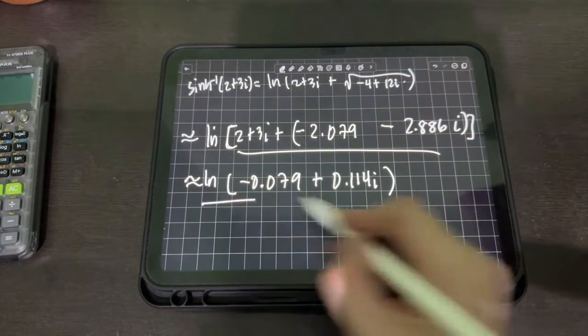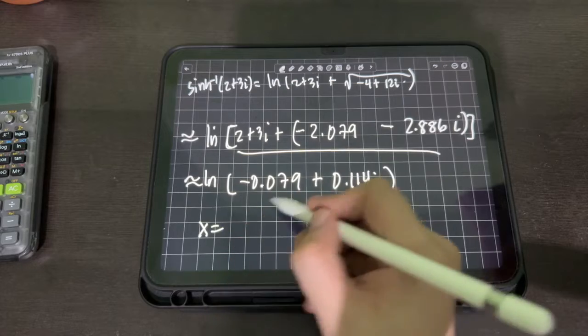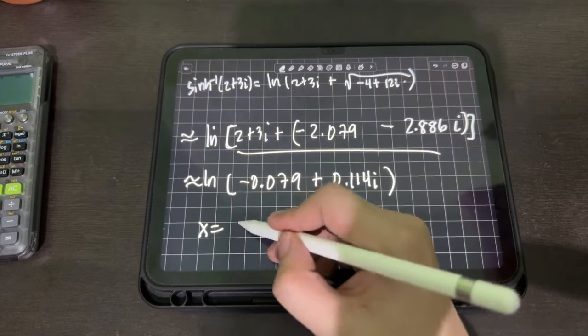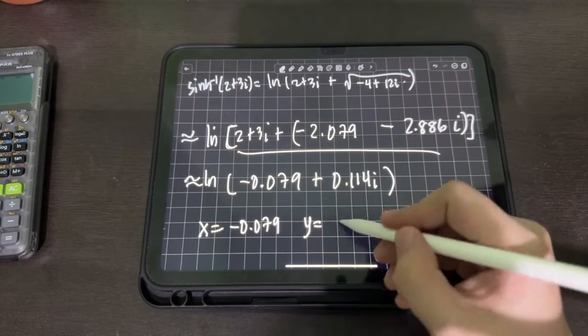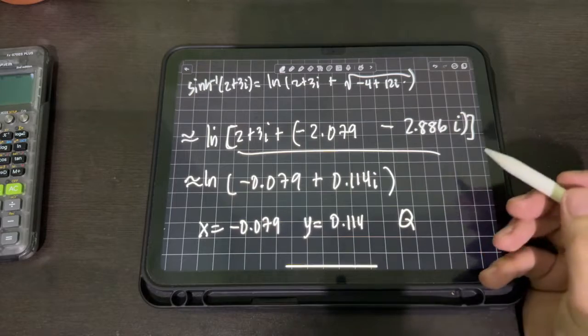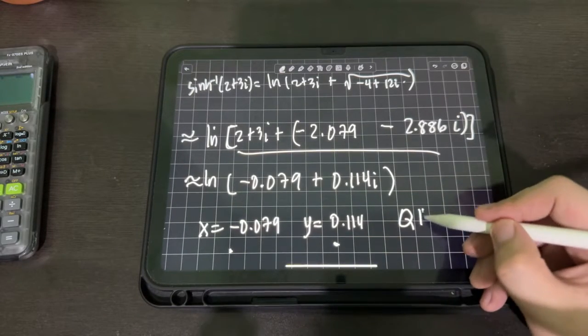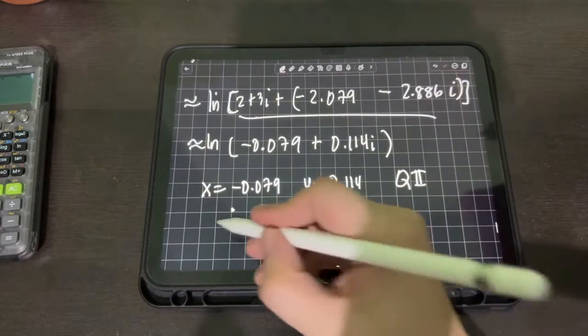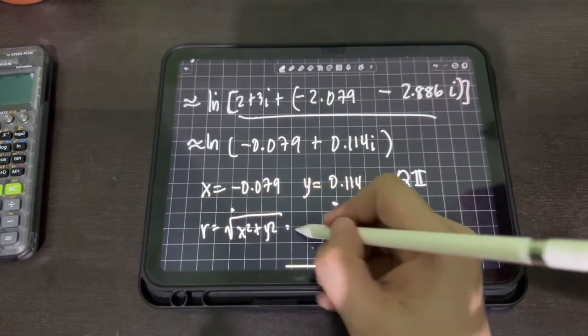Okay, and then we evaluate this ln, doing the same steps. Convert this to polar form. So your x is negative 0.079. Your y is 0.114. Therefore, what quadrant? X is negative, y is positive. Quadrant 2. So the value of r is the square root of x squared plus y squared.